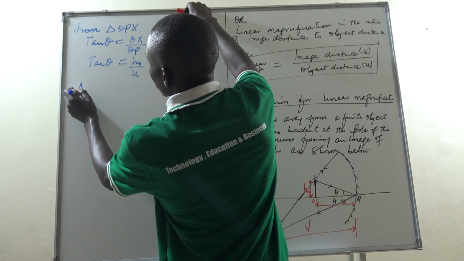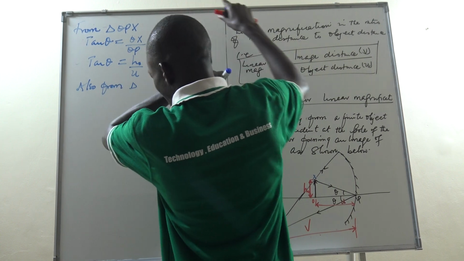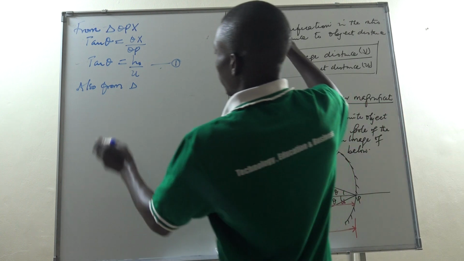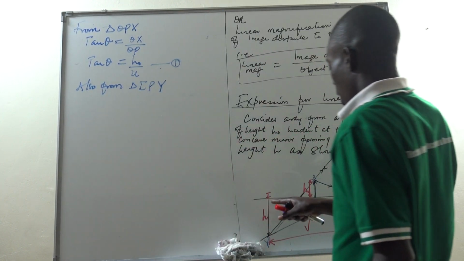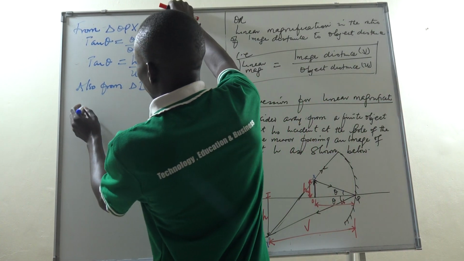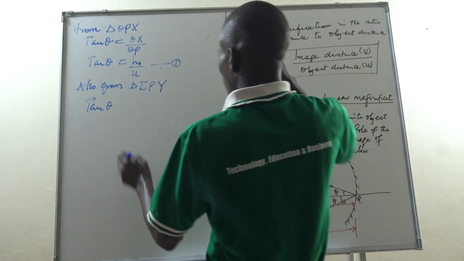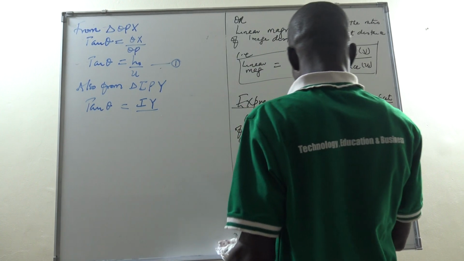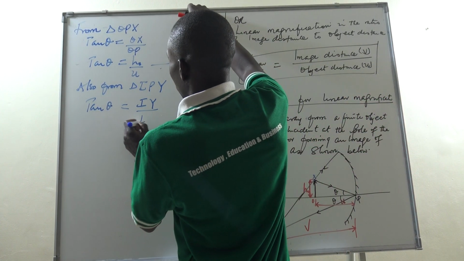And then also from my triangle IPY, we shall say that tan theta as well is the opposite, which is IY, out of the adjacent, that is IP.